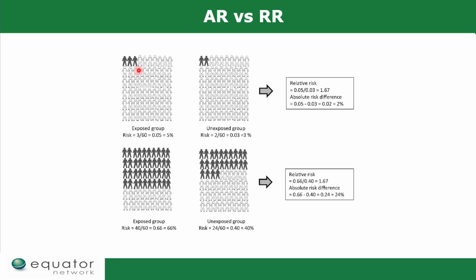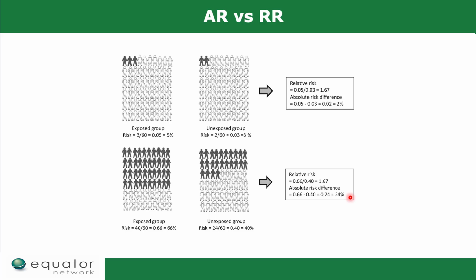So if I see the exposure here in study number 1 and in study number 2, and I'm just judging the relative risk, the relative risk here is equal to the relative risk here. Yes. But the attributable risk here is only 2%, but here it is 24%.